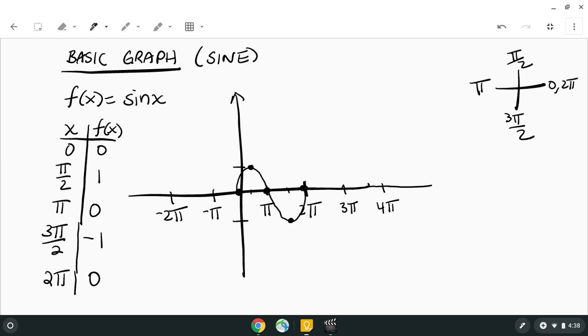If I continue to make this graph, then I would, again, get 0 there, 1 up here, 0 here, -1 here, and back to 0 again. So I would end up getting another sine wave.